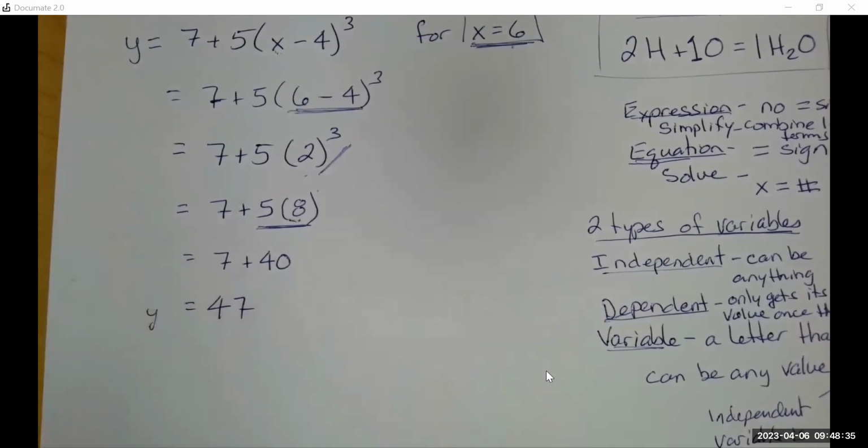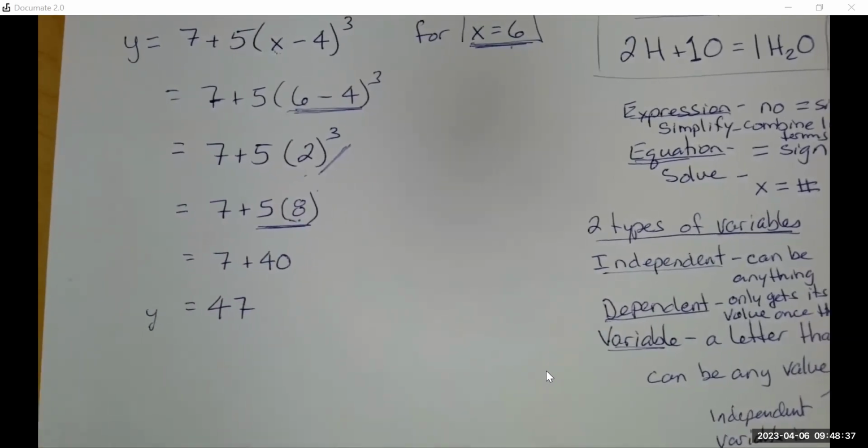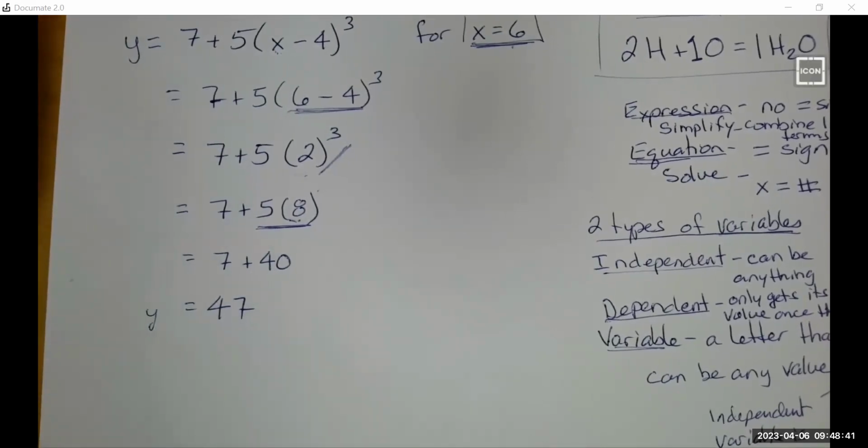So there's the value of y. That's what they're having us do in this first set. Let's go to the end of the section and just do problems. I know you've seen this stuff before. It's just, let's put names and reasons behind it.